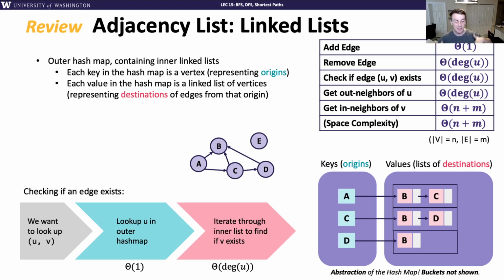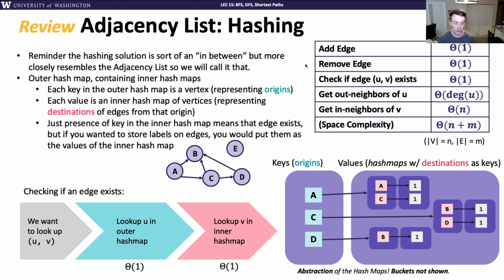Remember that the hash map is just, in some sense, an implementation detail. This is just describing, oh, I'll use a map ADT to map the nodes to a list of all of their destinations. And so drawing this out, I'm not usually going to draw every single internal detail that might be there.